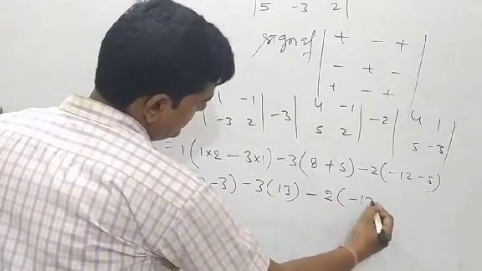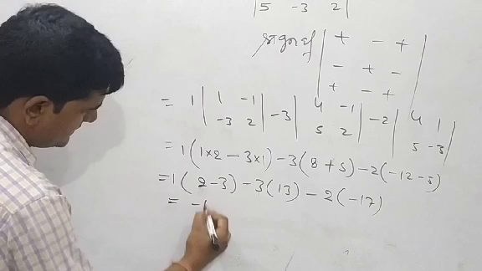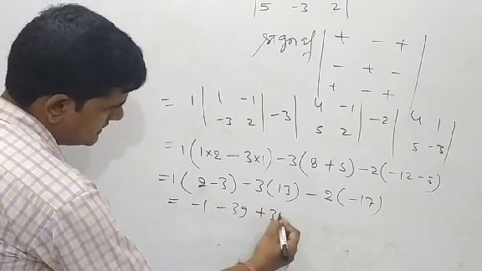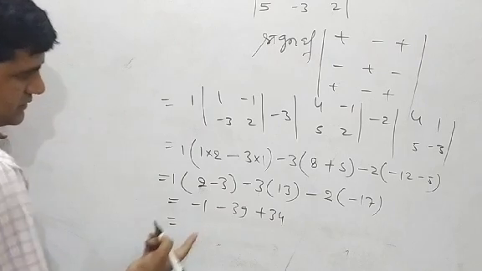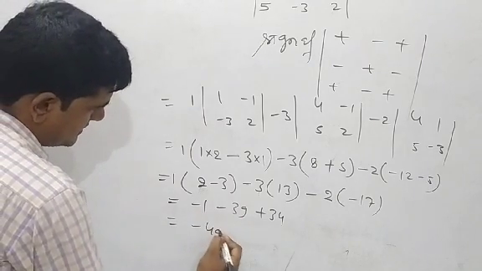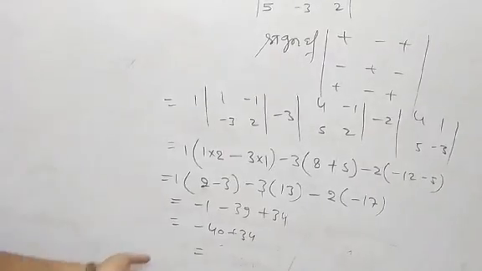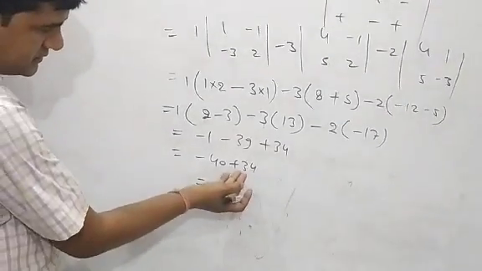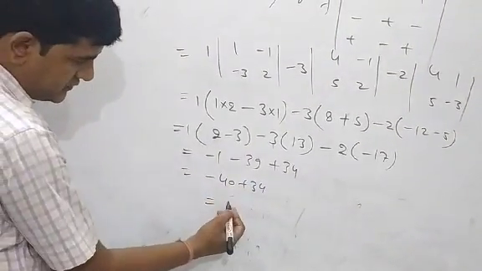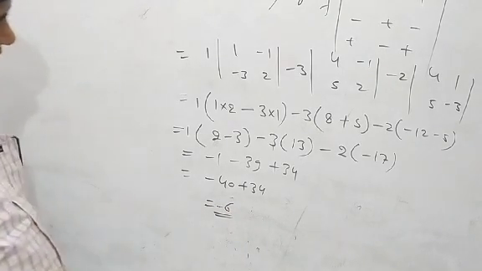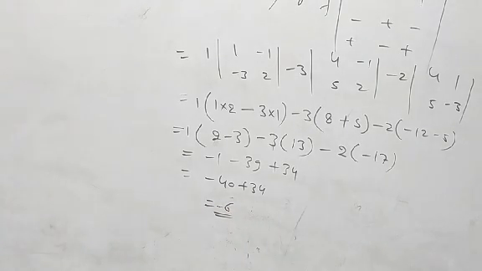Minus 2 17, minus 1 39 plus 34. Then what? 40 minus 40 plus 34 is equal to what? Very simple here. Minus 40 plus 34 is equal to minus 6. Clear? Now this is the value. This is the answer. Very simple.